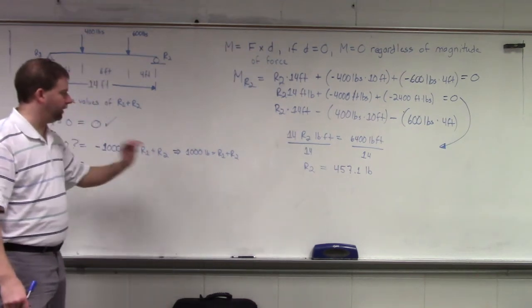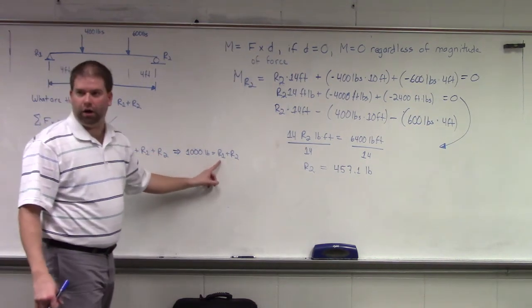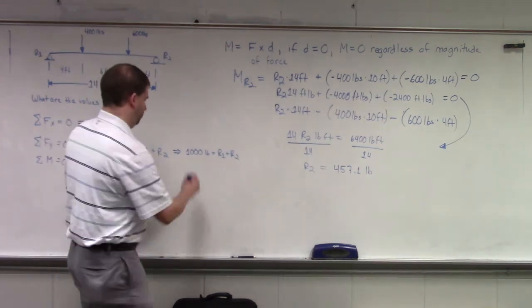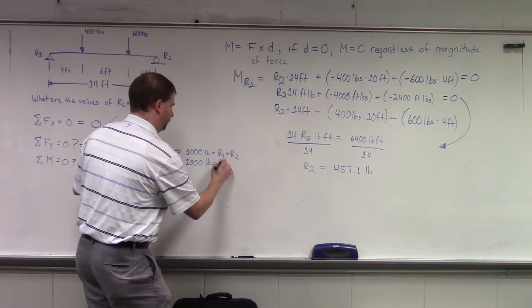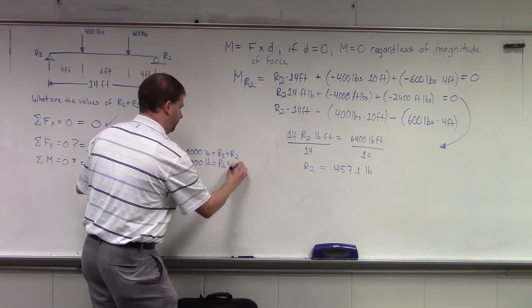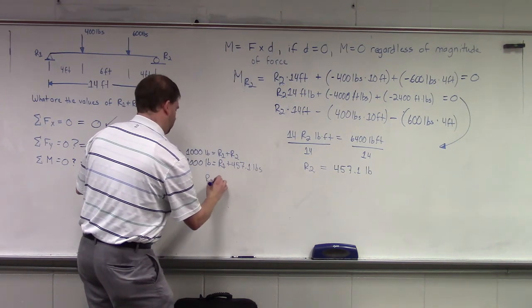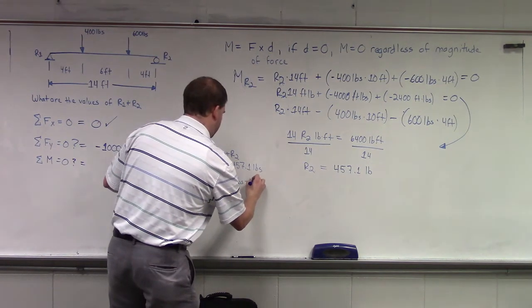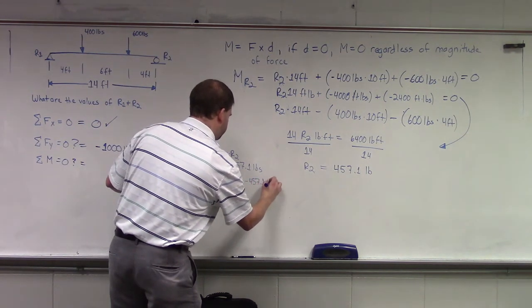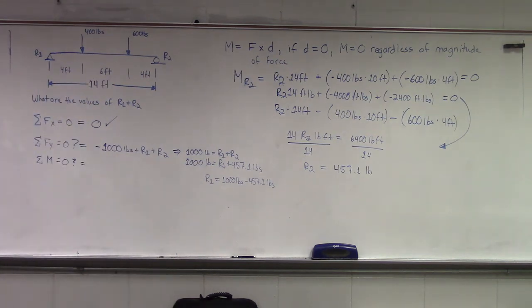And so what Terry's saying is, I know this 1,000 pounds, I don't know R1, but I know R2. If I take 1,000 pounds equals R1 plus 457.1 pounds, R1 will equal 1,000 pounds minus 457.1 pounds. So it's like 540. So 542.9.